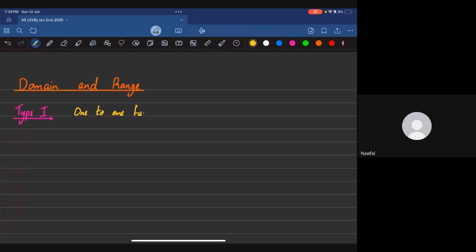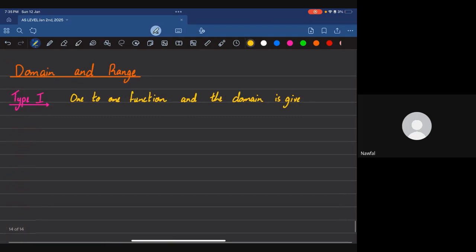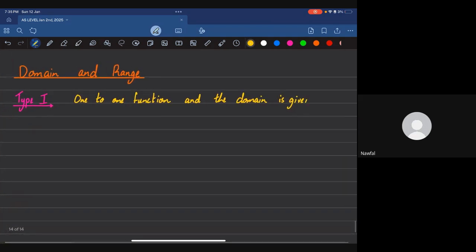This is a scenario that the examiner has given to you: it's a one-to-one function, and the domain is given to me. But there's a catch. The domain is given as a range.